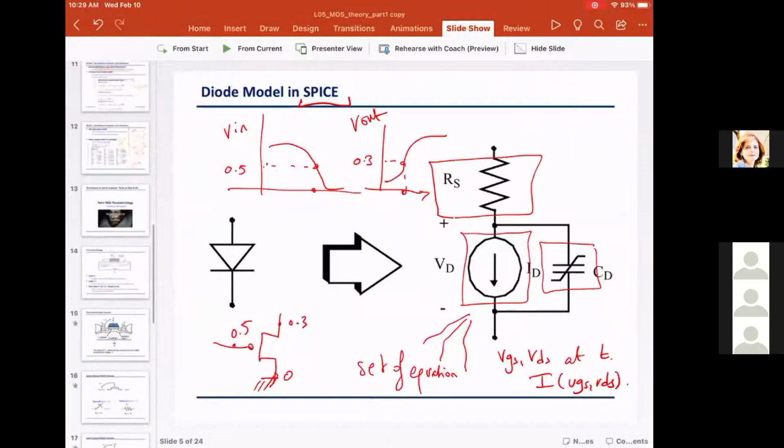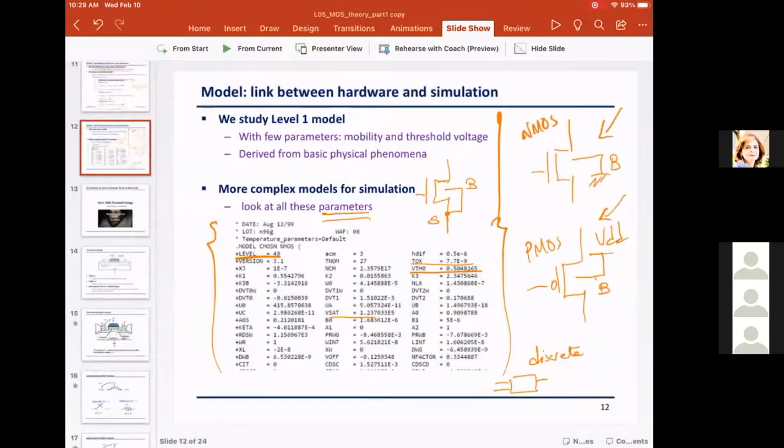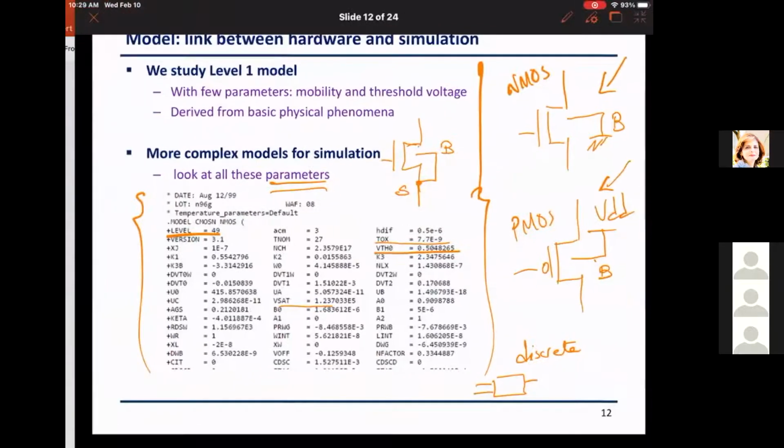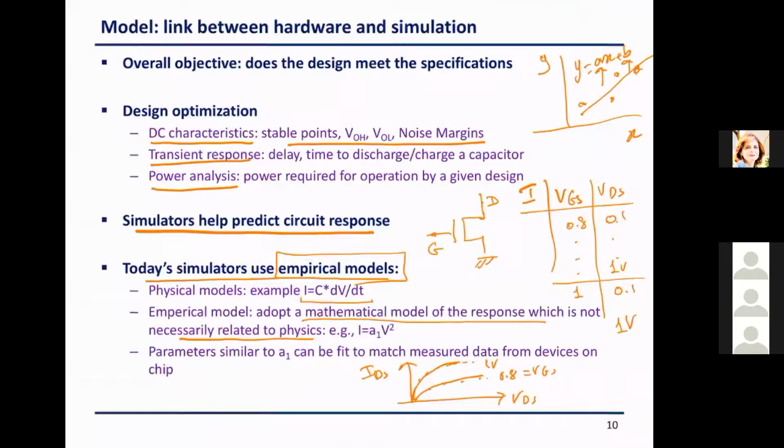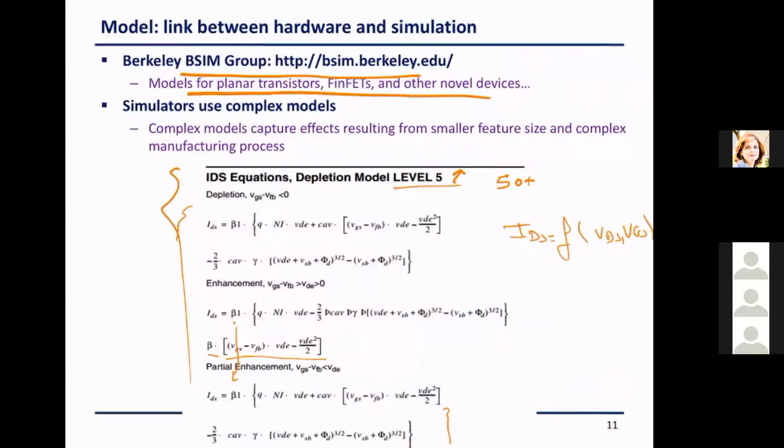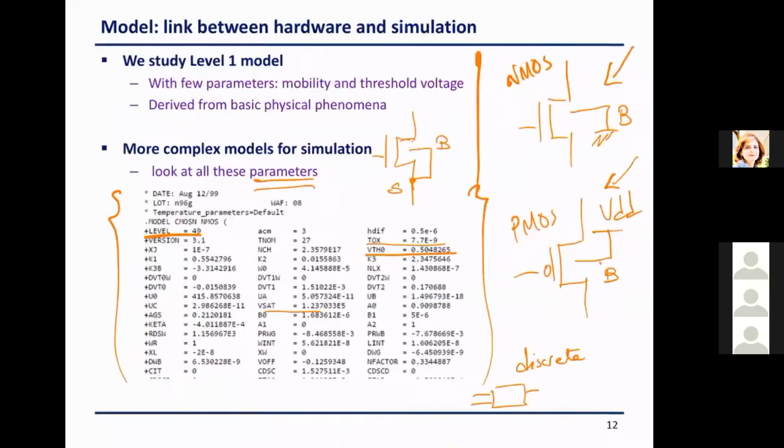But the parameters of this model that we have here are determined empirically from the measured device dataset. So they agree at Berkeley, they say that, well, this is the complex model that I'm going to do for the transistor, and this should be a decent complex set of equations, but go ahead and fit for me the parameters using the data that you collected from the fab.